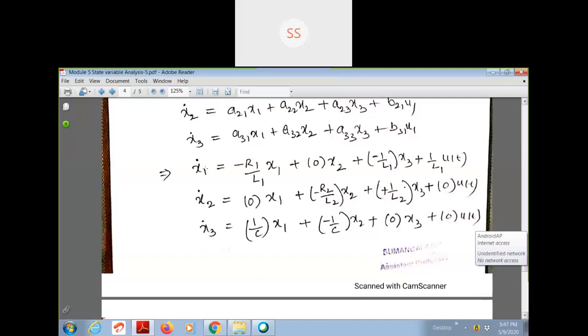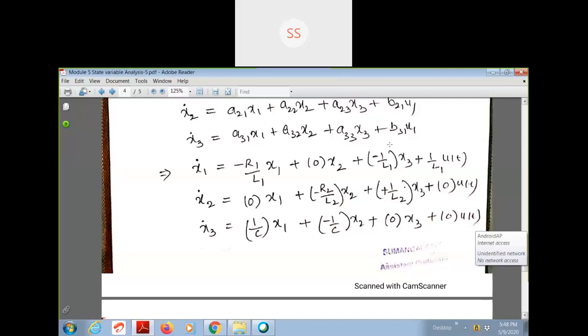So x1 dot equal to minus r1 by l1 x1 plus 0 into x2 plus minus 1 by l1 x3 plus 1 by l1 u. Similarly, in the second state equation, 0 x1, because this term was not there, then minus r2 by l2 x2 plus 1 by l2 x3, but u of t was not there, so 0.